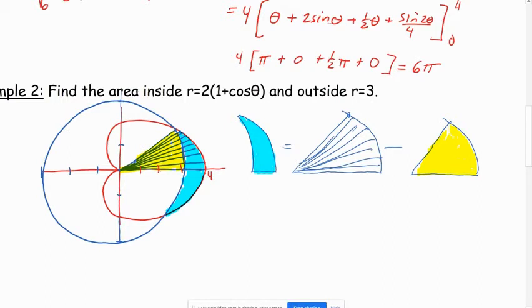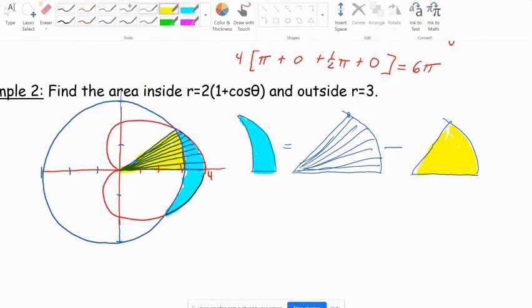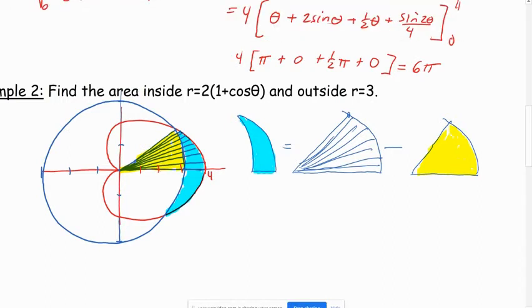Okay, and so to get the blue area, we're going to do the integral from 0 until these curves intersect. So that's a good question. Where do they intersect? At what angle do they intersect? If we set the two curves equal to each other, 2 times 1 plus cosine of theta, when does that equal 3?